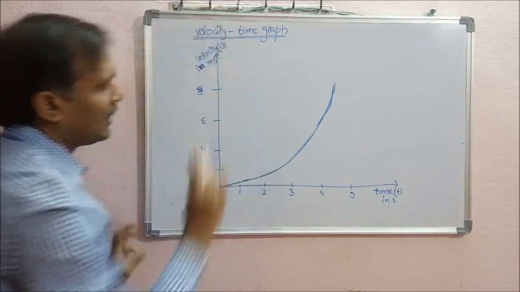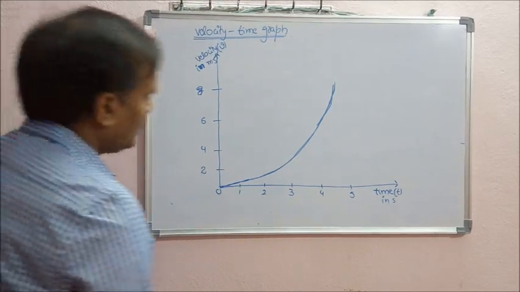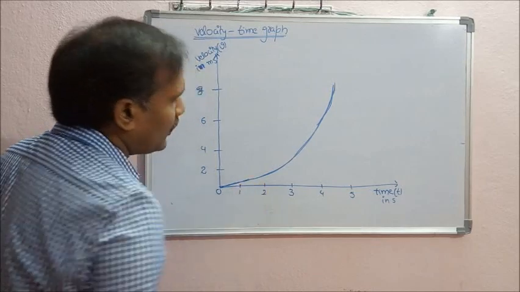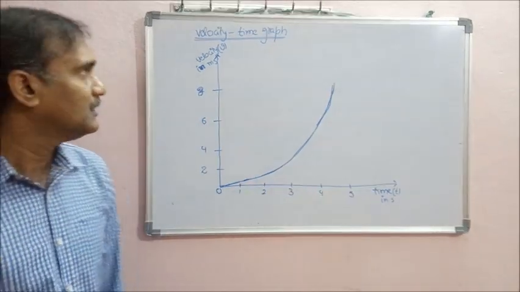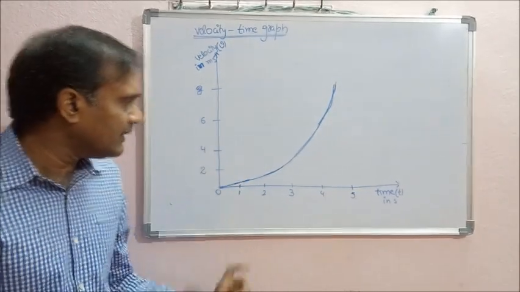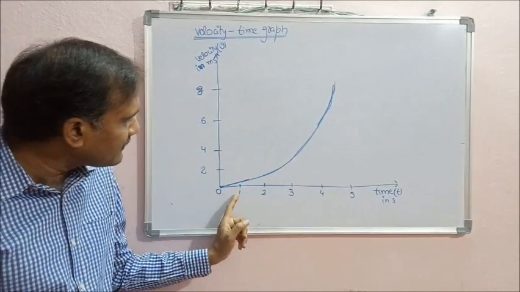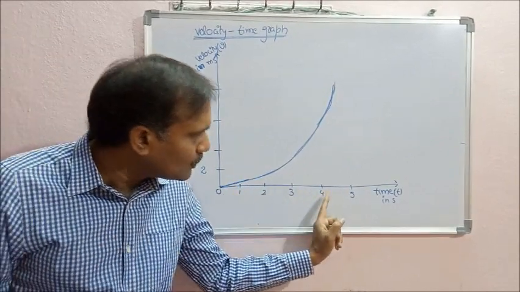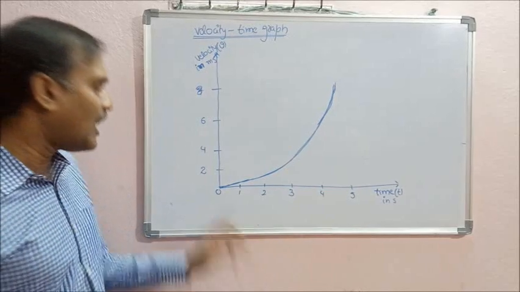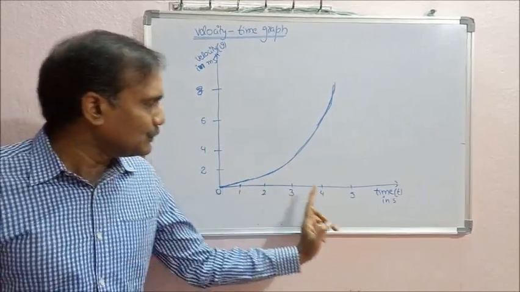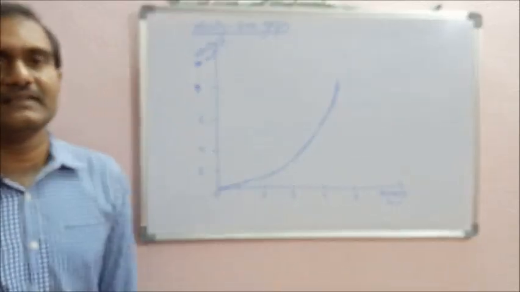Now we want to find out the average velocity during the time interval t is equal to 1 second to t is equal to 4 seconds, or t is equal to 0 seconds to t is equal to 4 seconds.